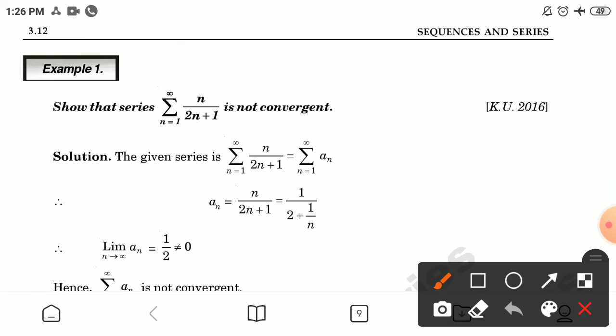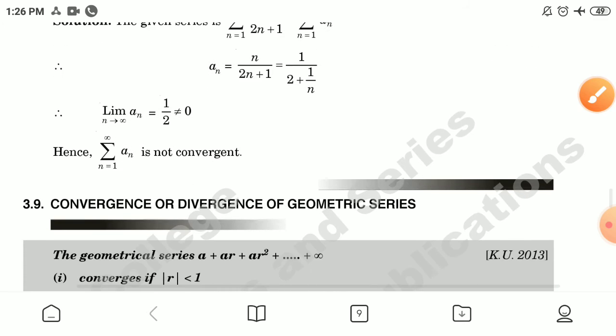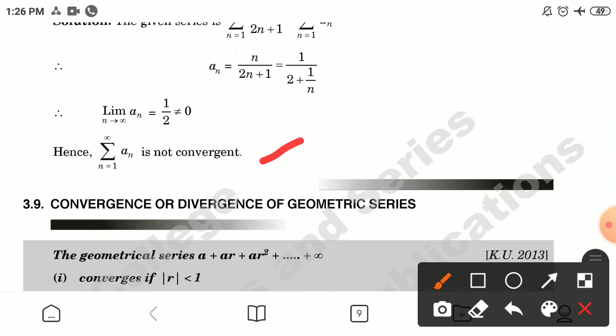Now, take an example. Show that the series Σ from n equals 1 to infinity of n/(2n+1) is not convergent. The given series has nth term 1/(2+1/n). If we apply the limit, this is equal to 1/2, which is not equal to 0. It means Σan is not convergent.